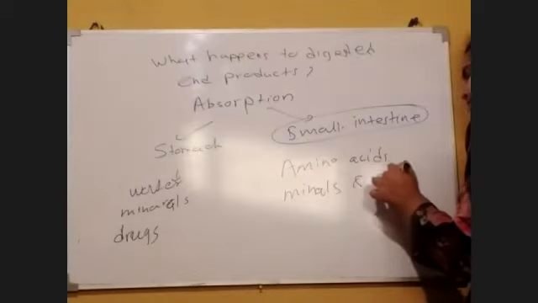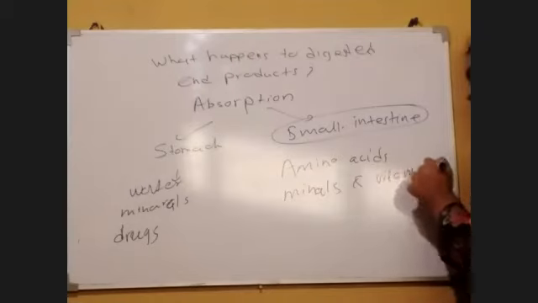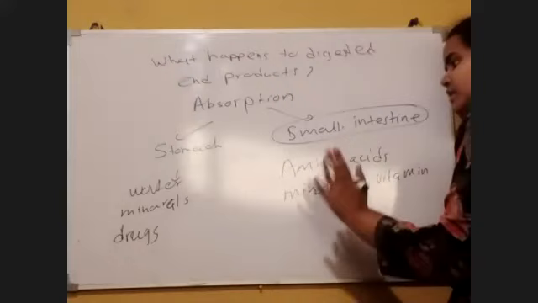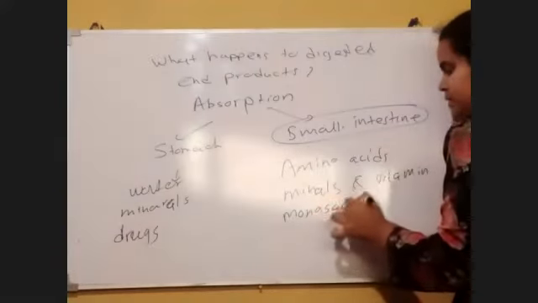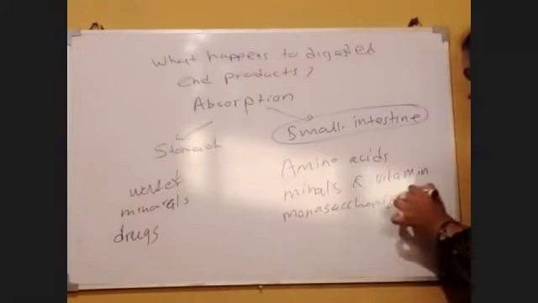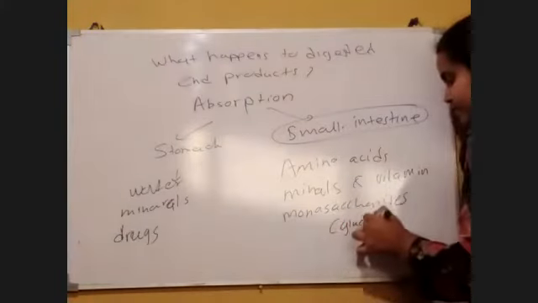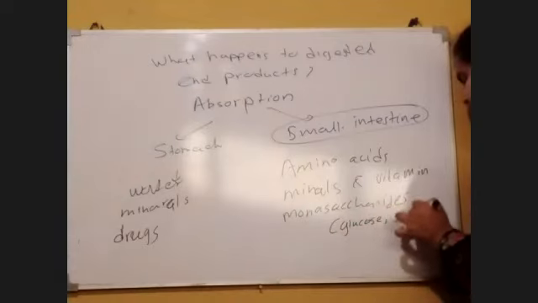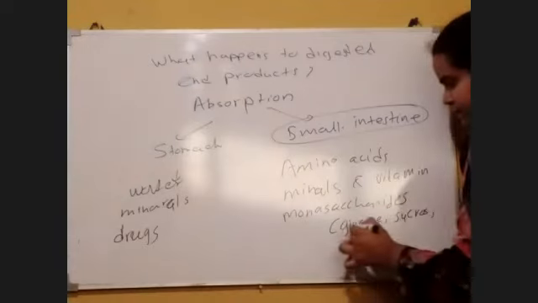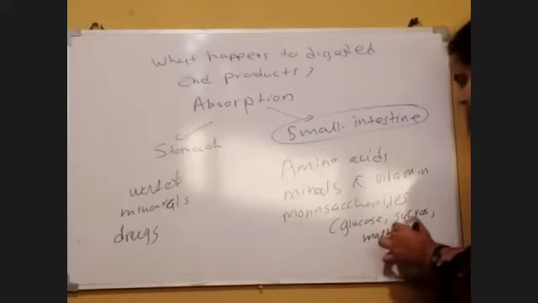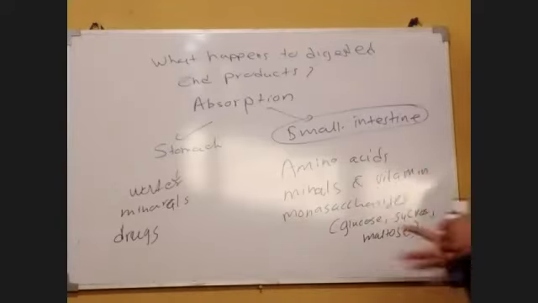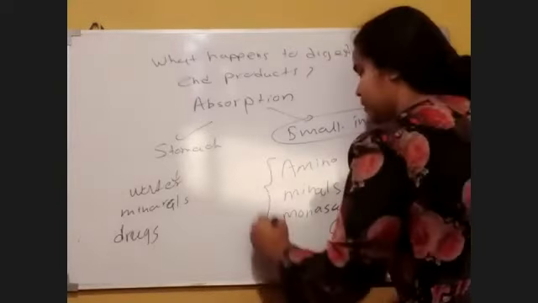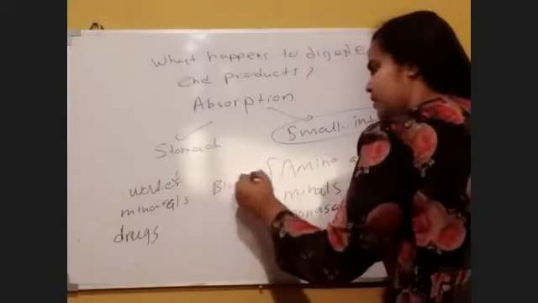And the digested end products from carbohydrates, the monosaccharides like glucose, sucrose, and maltose, are absorbed. Amino acids, vitamins, and minerals are all absorbed into the blood capillaries.